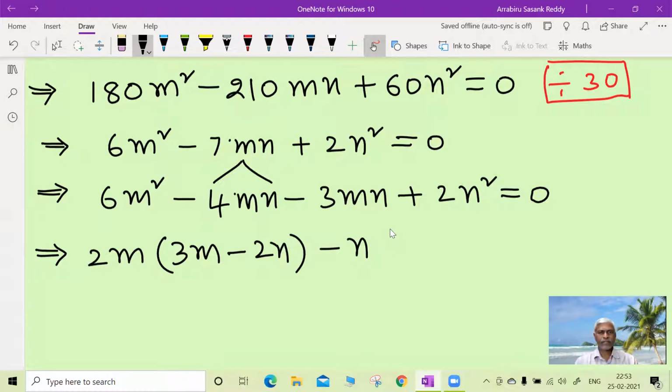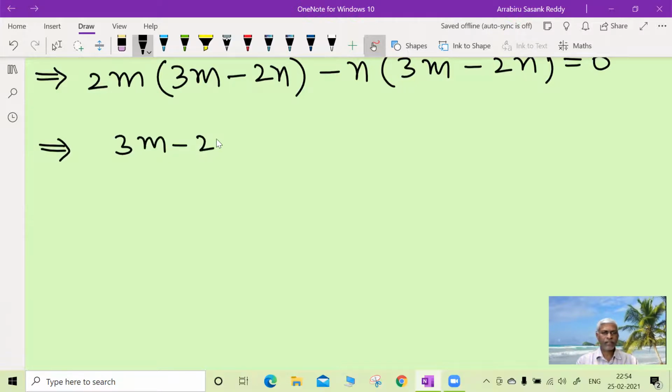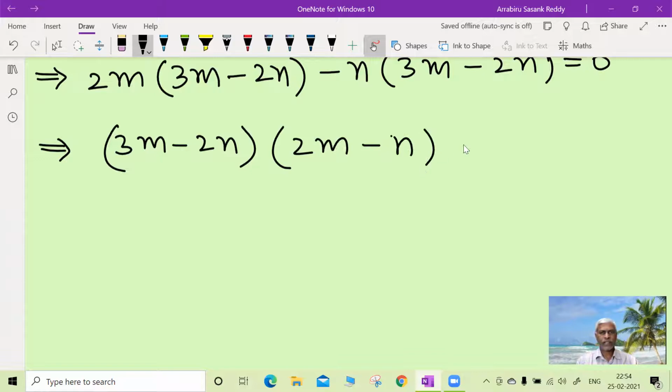Taking n common, 3m minus 2n. So we get (2m minus n)(3m minus 2n). So these are the factors.